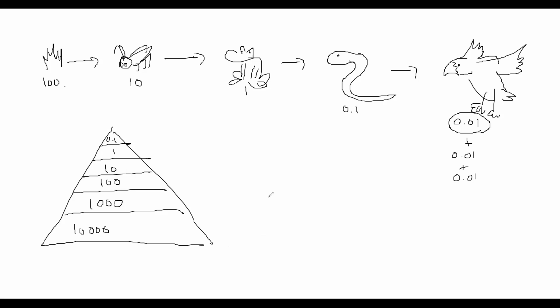If we were to truly draw a picture based on energy, if this is 10,000, 1,000 would be only 10% of that. This would be 1,000. 100 units of energy is that, which is 100. And then 10, and then 1.